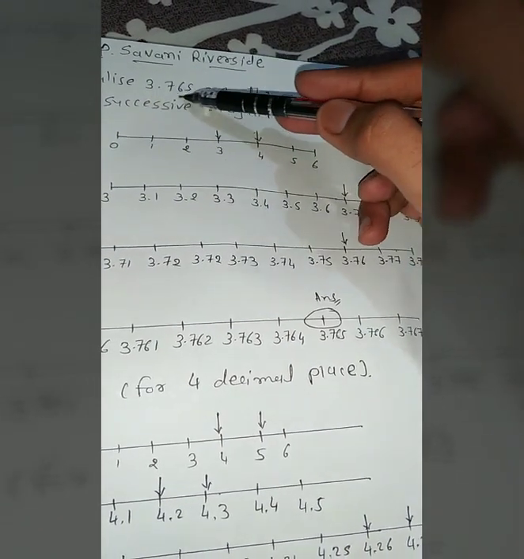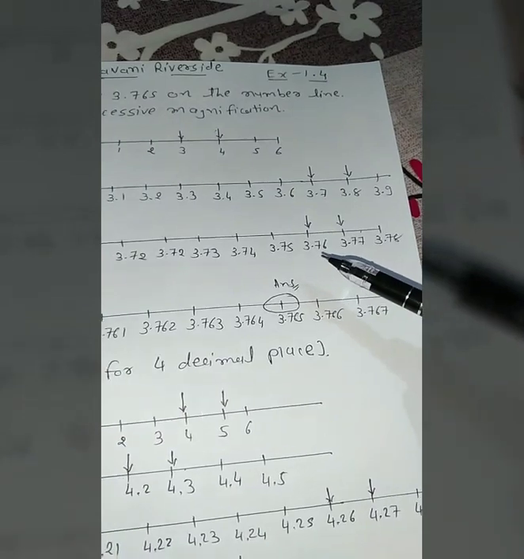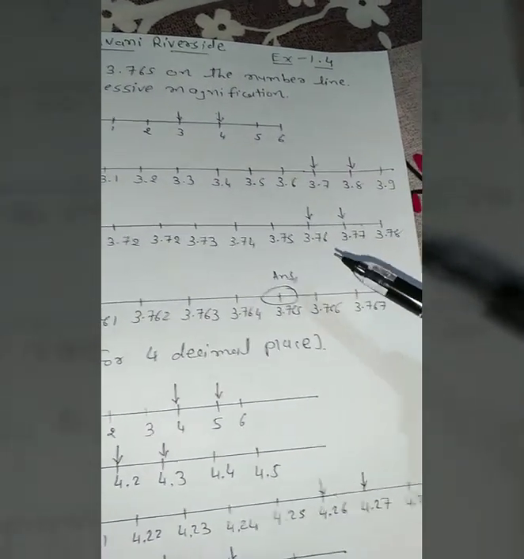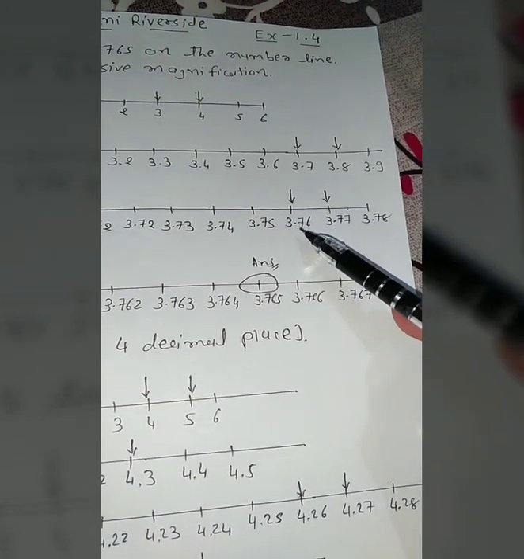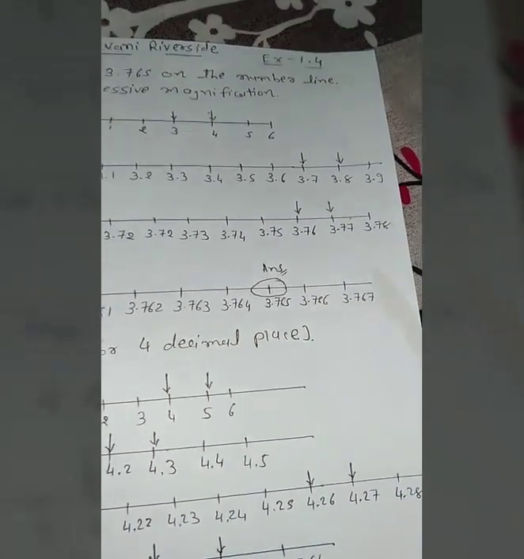So I mark 3.76 on this number line. After that, in the next step, I expand the line segment between 3.76 and 3.77.